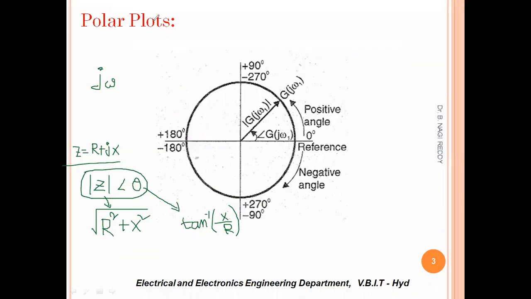So in the polar plots also, we can plot the polar graph in the polar graph sheet. Maybe in the next class, I'll show what the polar graph sheet is and how it will look.